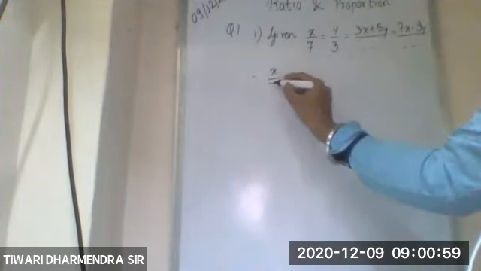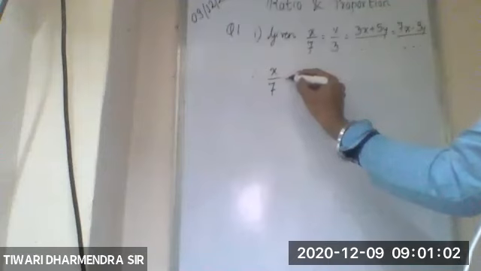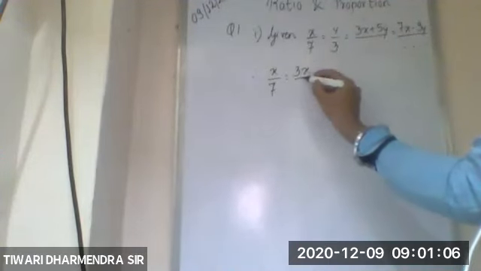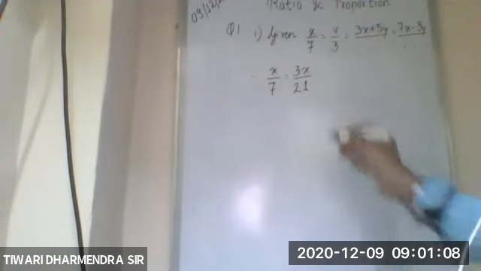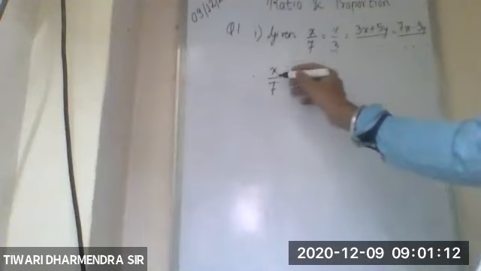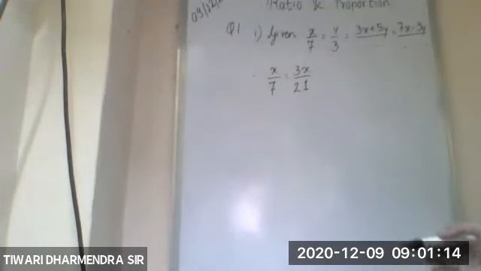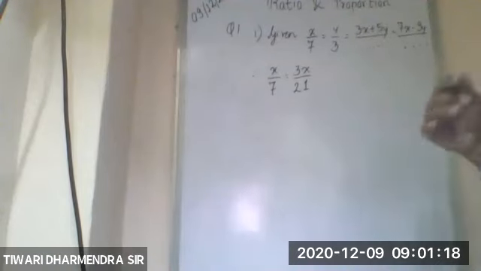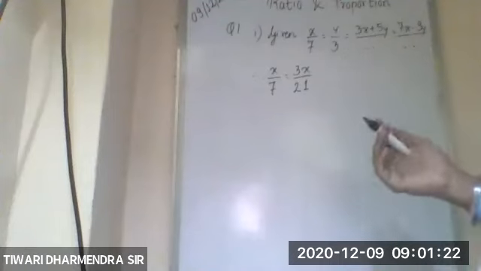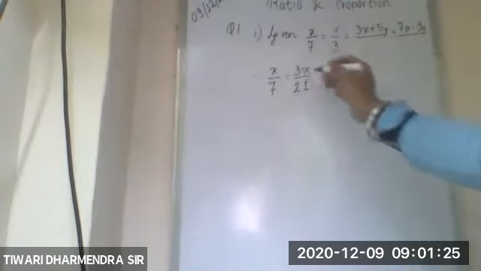x by 7 is equal to 3 into x upon 21, as we are multiplying 3 in numerator as well as in denominator. If you want, you can directly write 3x upon 3 into 7, but it's okay, this is how you get it.